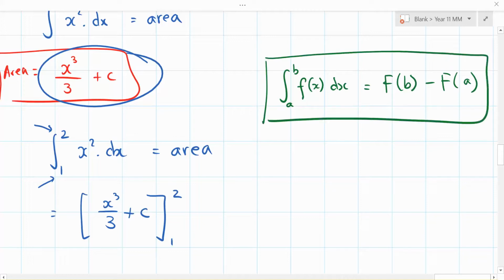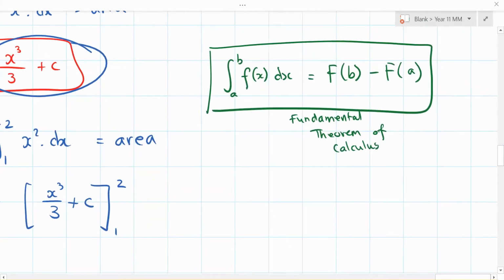Now, this is where all the proof comes in, like how the antiderivative actually equals the integration. The whole theory is called the fundamental theorem of calculus. Those who want to look at the proof and understand how we know that the antiderivative actually equals the integration, you can type it up in YouTube and go to Khan Academy and he'll show you from A to Z how it's true.